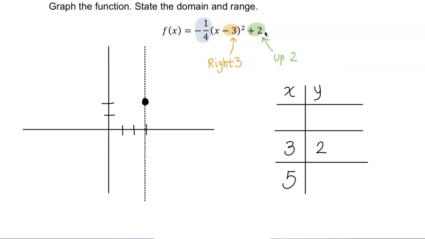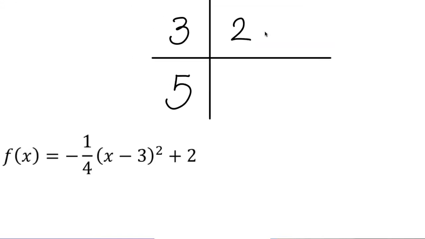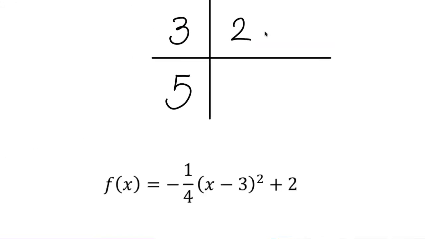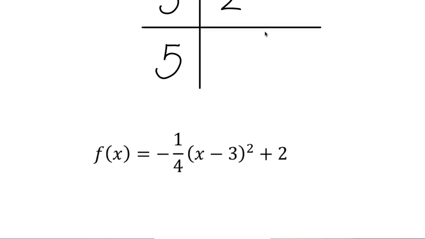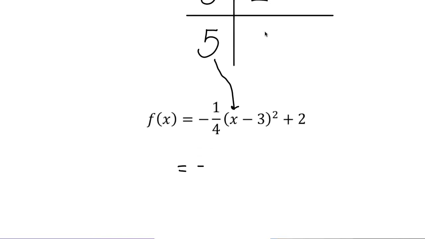Okay, let me erase some of these writings here. This is where I need to plug in 5. And guys, you could have plugged in 4 if you want. I just decided to plug in 5 because I feel like if I do, I may get a nicer number out. So let me try that. That will give me negative 1 over 4 times 5 minus 3 squared plus 2.